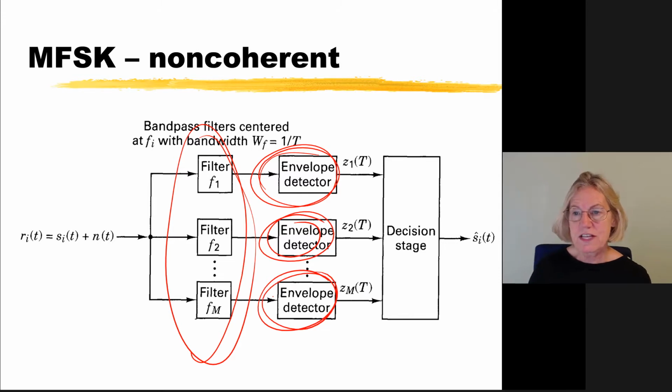And the way you see if there's energy inside of the passband is you just do an envelope detector. You don't care about the oscillations in the carrier. You're just looking to see if there's energy. And then once again, the decision stage is just choose the one with the most energy in it. And so you can see that this form is much simpler, very easy to implement.